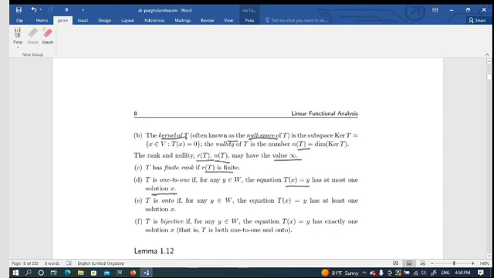Maybe there doesn't exist such an x, but if there exists such an x, it must be just one x. We say that this is one-to-one. We can show that T is one-to-one if and only if the nullity of T equals 0, or the null space equals just the singleton 0.